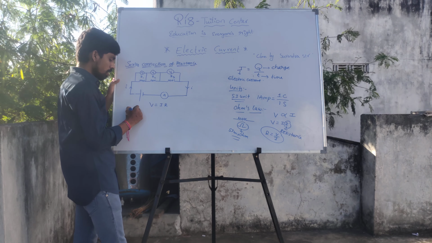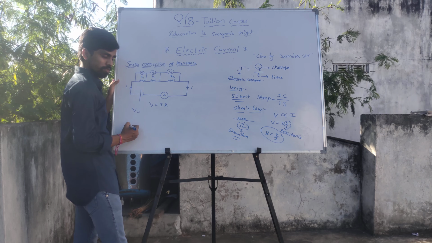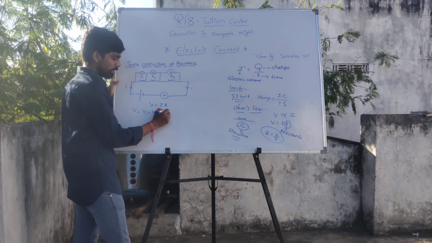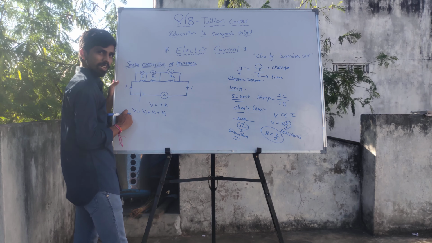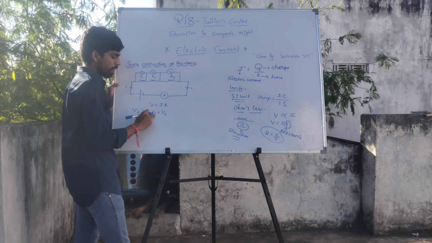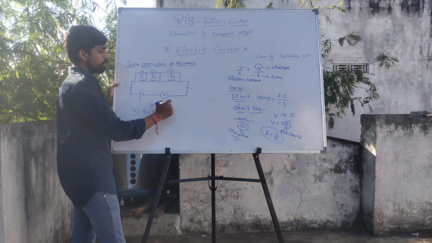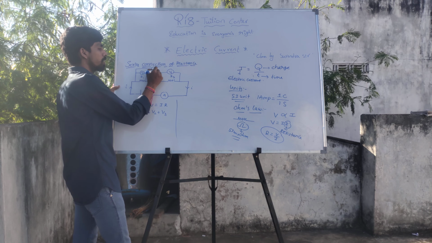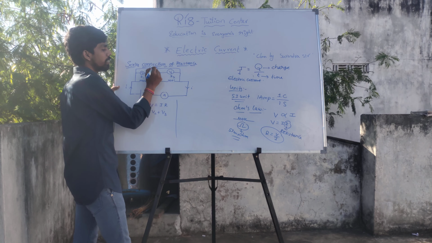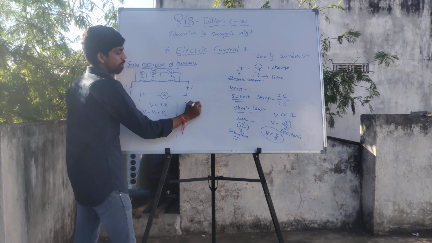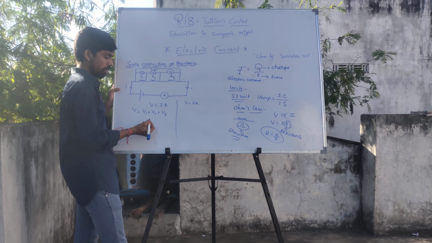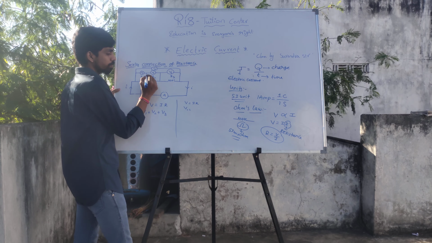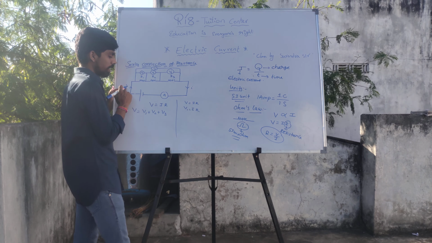The total potential difference will be equal to V1 plus V2 plus V3. First, we measure the total potential difference across the first point to the last point, that is V. Ohm's law is V equals IR. For the first resistance, V1 equals I times R1, where the current I is constant.